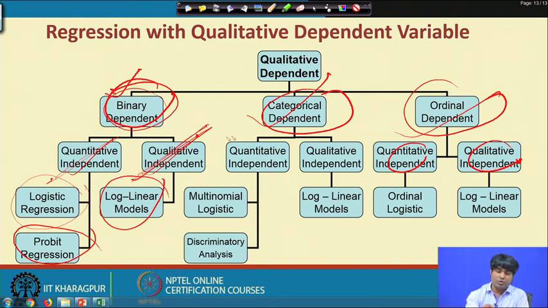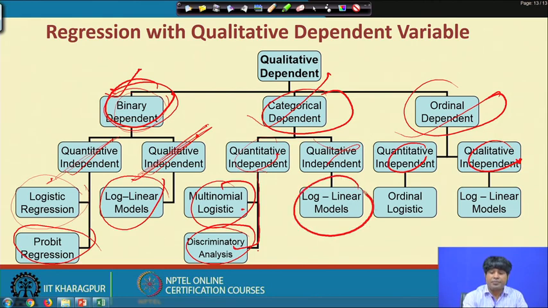Again, the way we discussed the binary dependent, in the case of categorical dependent we have quantitative independent; suppose there is no qualitative independent. In the case of quantitative independent, it can have two different forms. One form is called multinomial logistic, and the other form is called discriminant analysis. Discriminant analysis is again a kind of yes/no type of situation. Then on the qualitative side, it is log linear models.